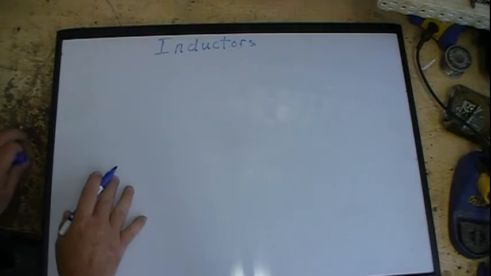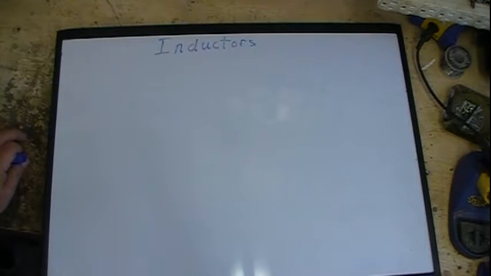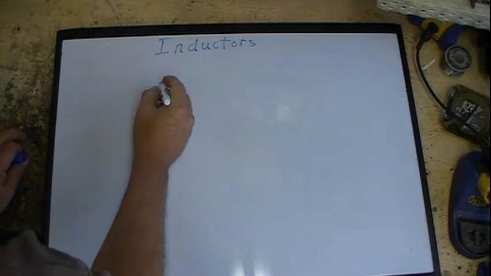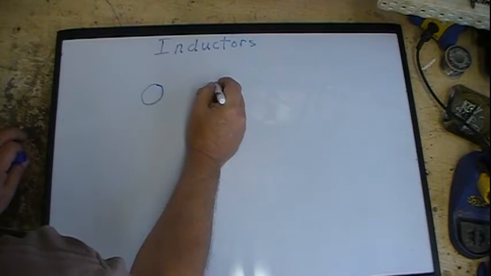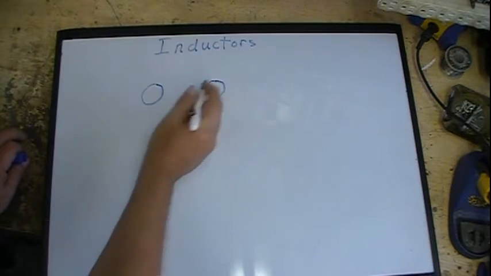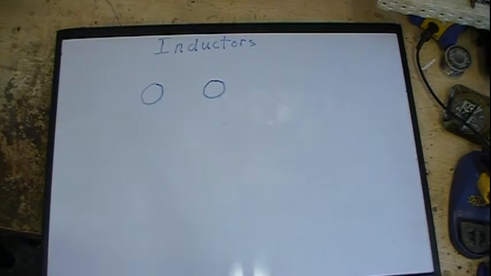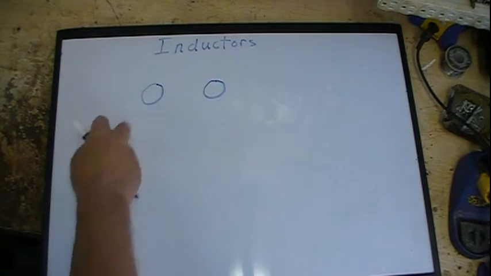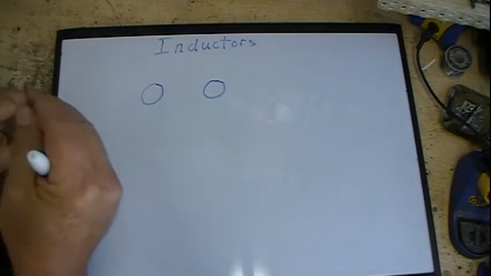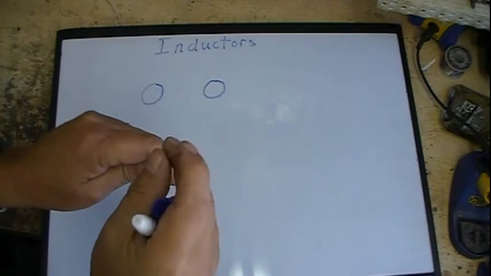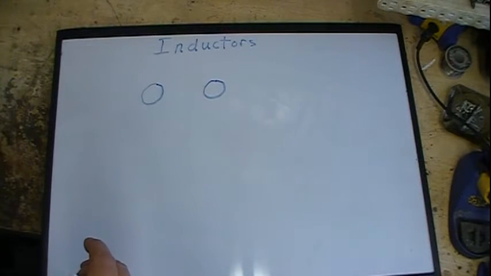First of all, let's talk about a little bit of terminology. Okay, these two will be like looking at the wire at the end, just a cross section of it.